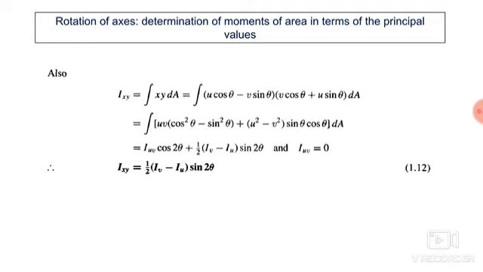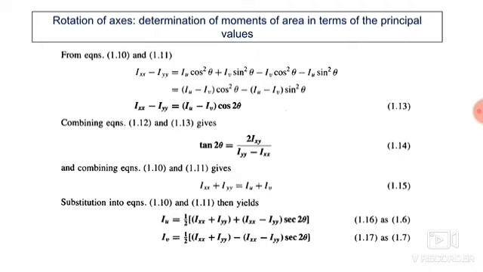After that, by finding the x and y-axes, we have to find the product moment of area about the y-axis by putting the values of x and y. By simplifying, we will finally get the value which is given in equation number 1.12. So by simplification, again we need to put all the values. By simplification, we have to find tan 2 theta, and finally we will get the values of IU and IV.